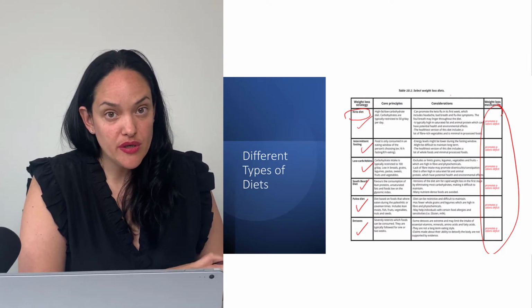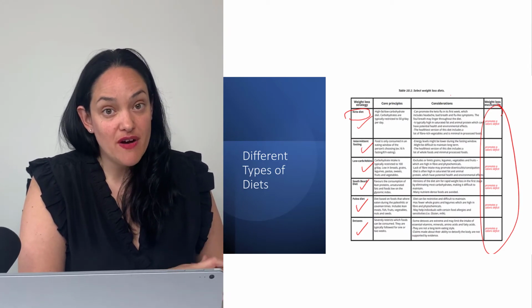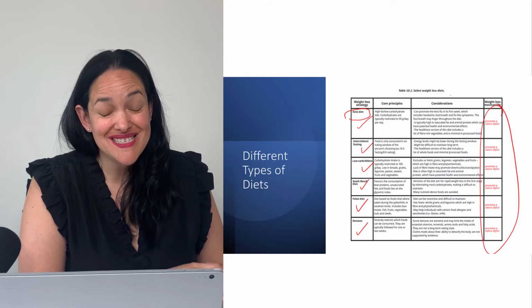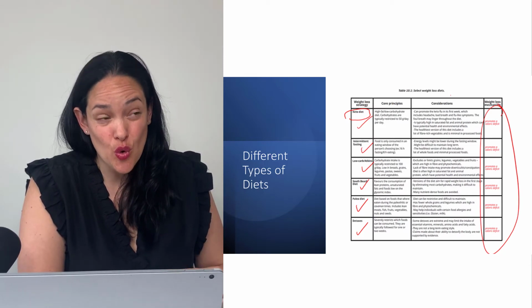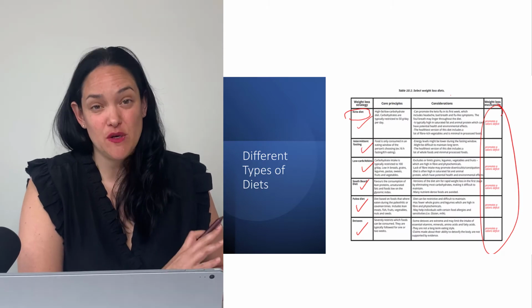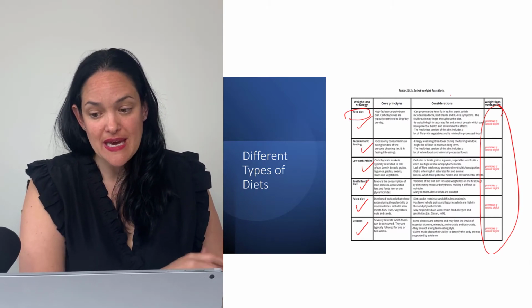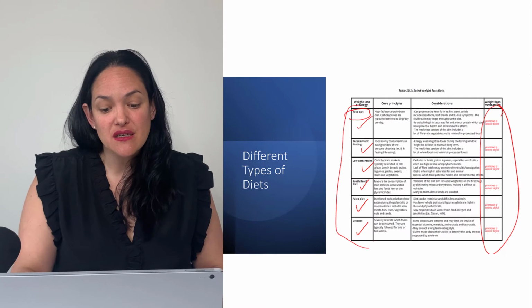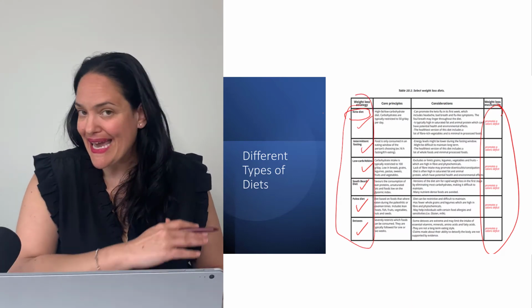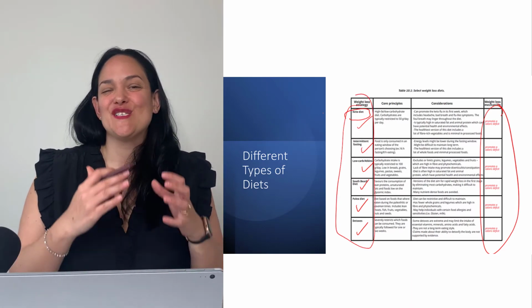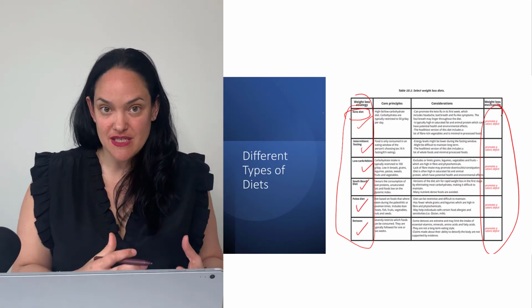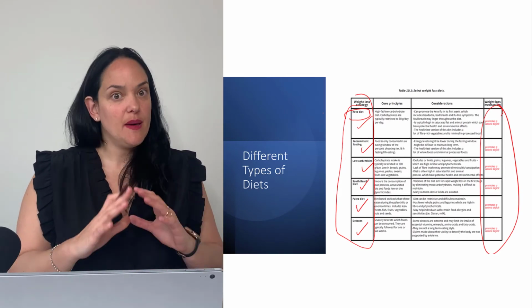What's important is if we're working with someone, we find something that works for them and is sustainable, and it's based on core evidence-based foundational nutritional principles. You don't need a commercial diet. You don't need to buy anything to be able to get into a caloric deficit. But again, I'm not here to judge.